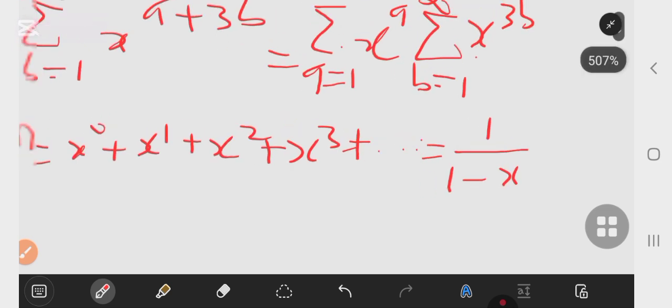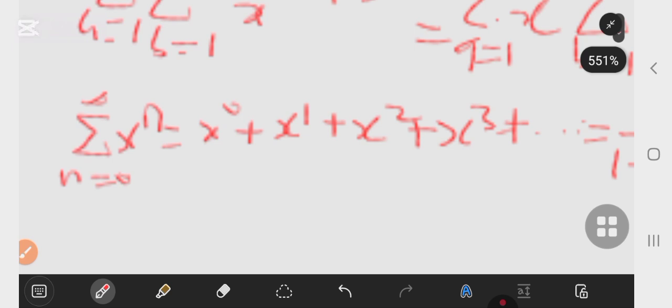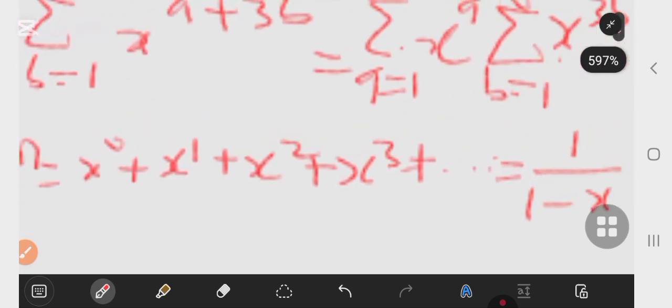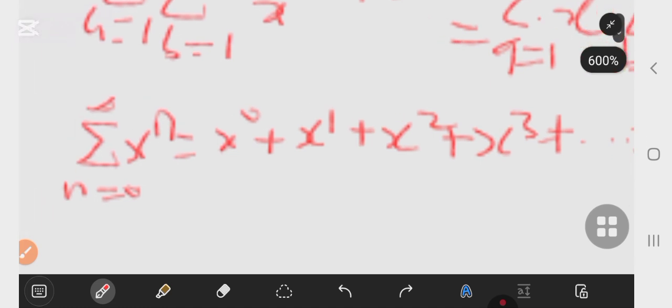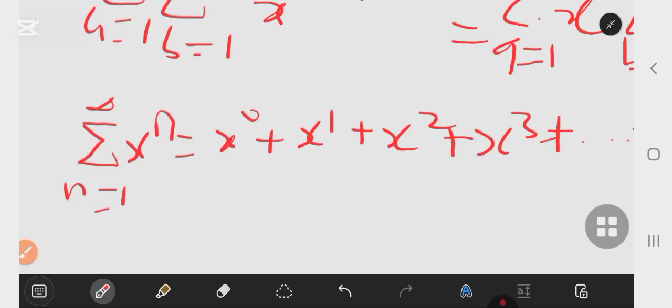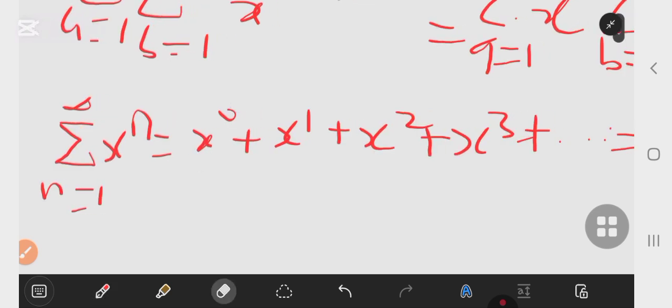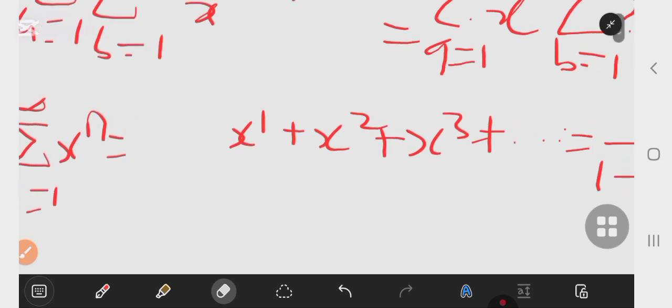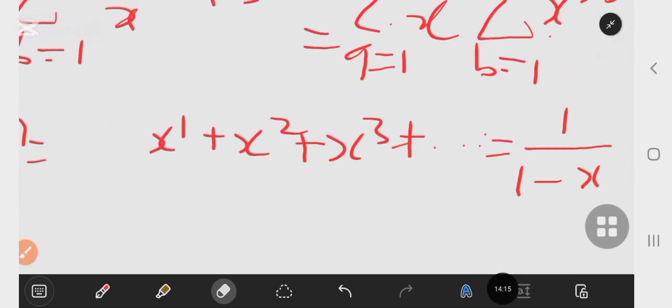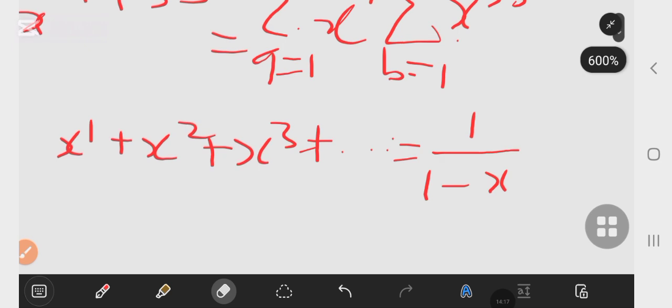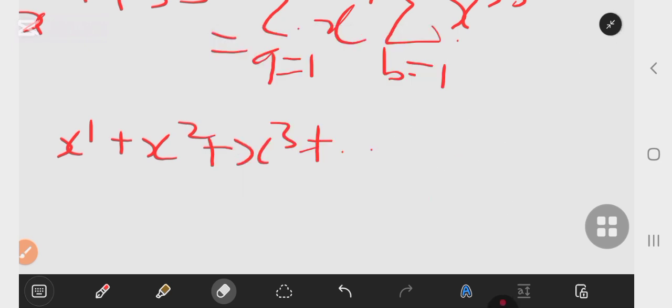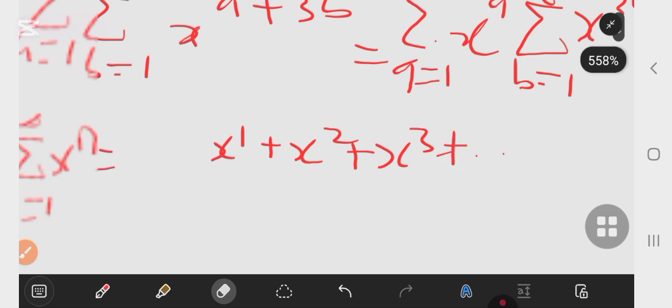Now consider our own sum. Now let me work with this first one. Our own sum is starting from 1. So what happens? This will normally start with x to the power of 0. But when it starts with x to the power of 1 plus x to the power of 2 plus x to the power of 3, it will not be equal to that. So what do we do to find what it actually sums to?